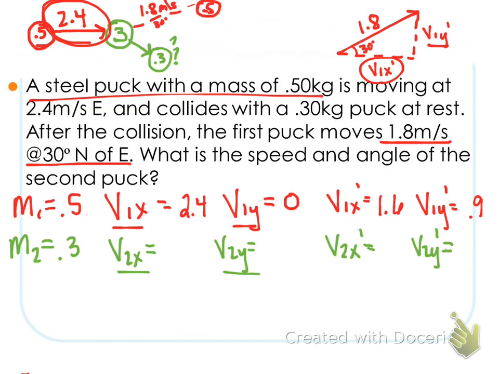We're starting at rest. So our initial velocity is 0 in both dimensions, both directions. It's not moving at all. So it doesn't have a horizontal velocity or a vertical velocity. Okay? Then after the collision, we want to know what's the speed and angle of the second puck. So we need to solve for both of those variables. We need to solve for v2x prime, and we need to solve for v2y prime. Okay?